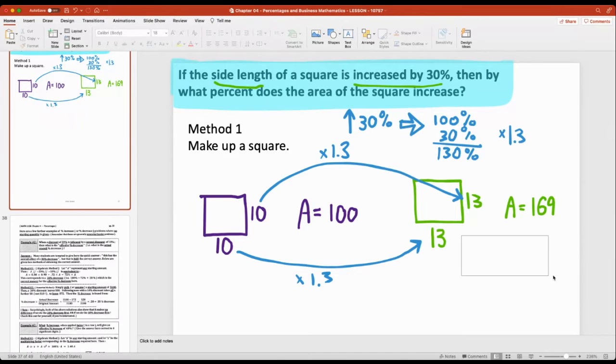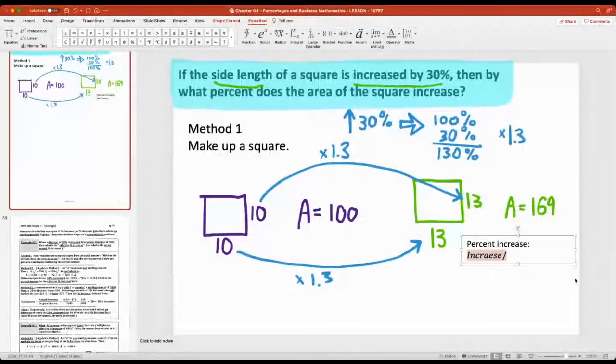So we're going to go here and say percent increase. Nice. Percent increase is going to be the increase amount divided by the starting value.